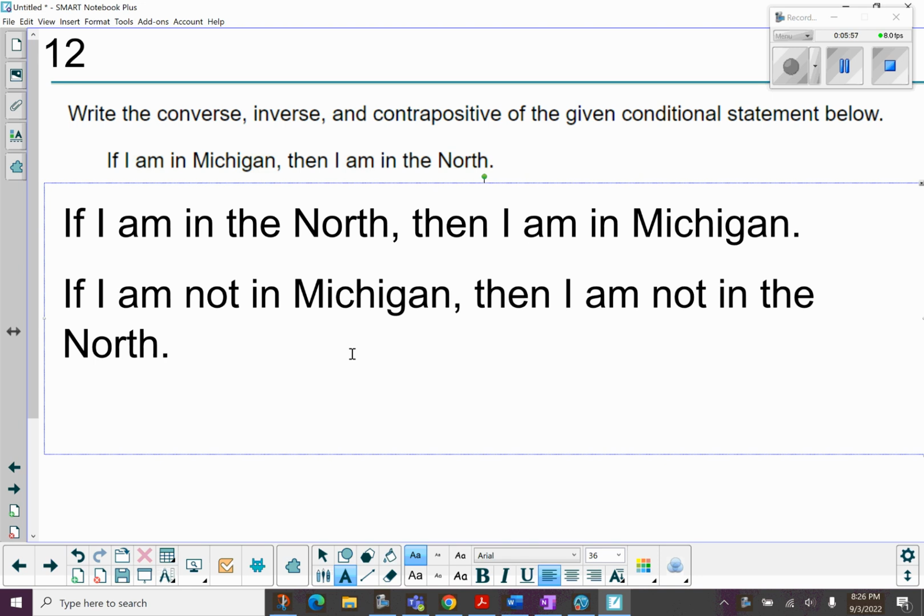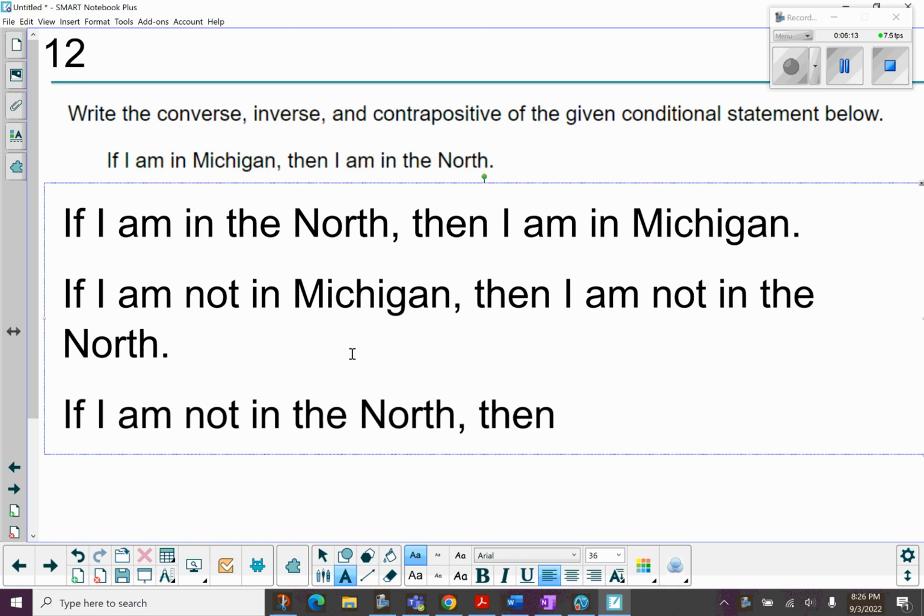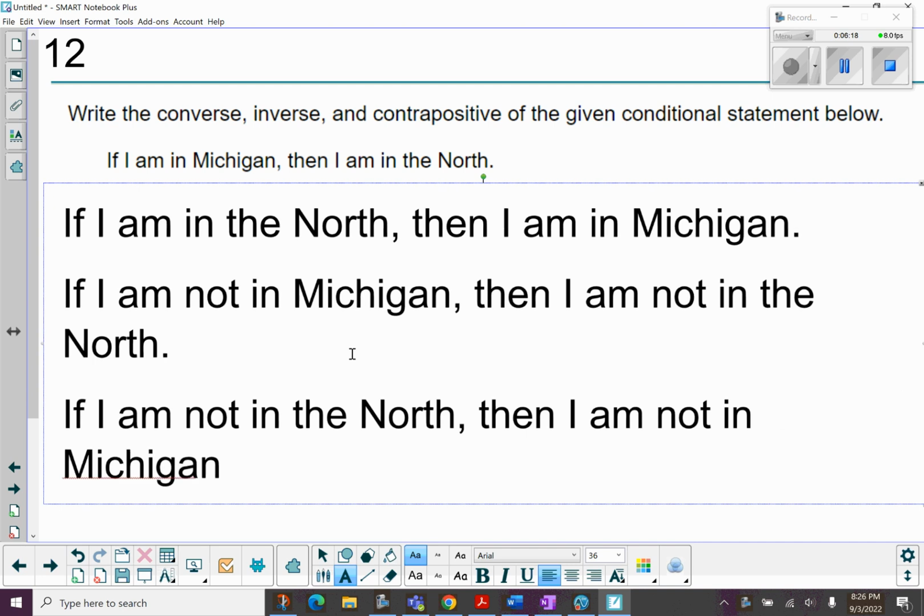The contrapositive is doing both the converse and the inverse, reversing the order and doing both negations. If I am not in the north, then I am not in Michigan. So again, that's converse, inverse, and contrapositive.